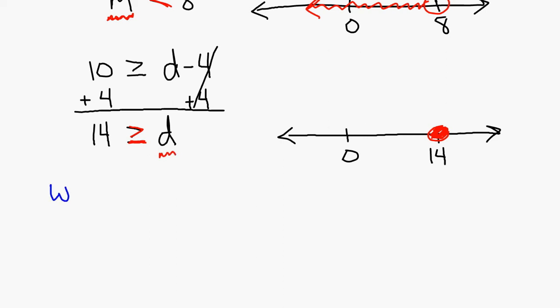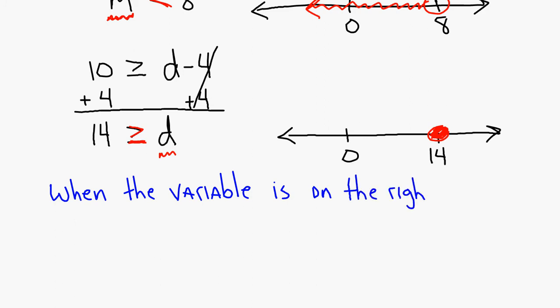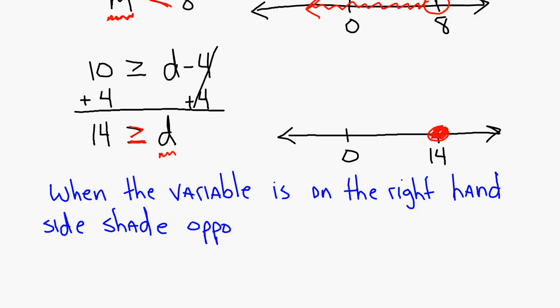When the variable is on the right-hand side, shade opposite the direction of the inequality.